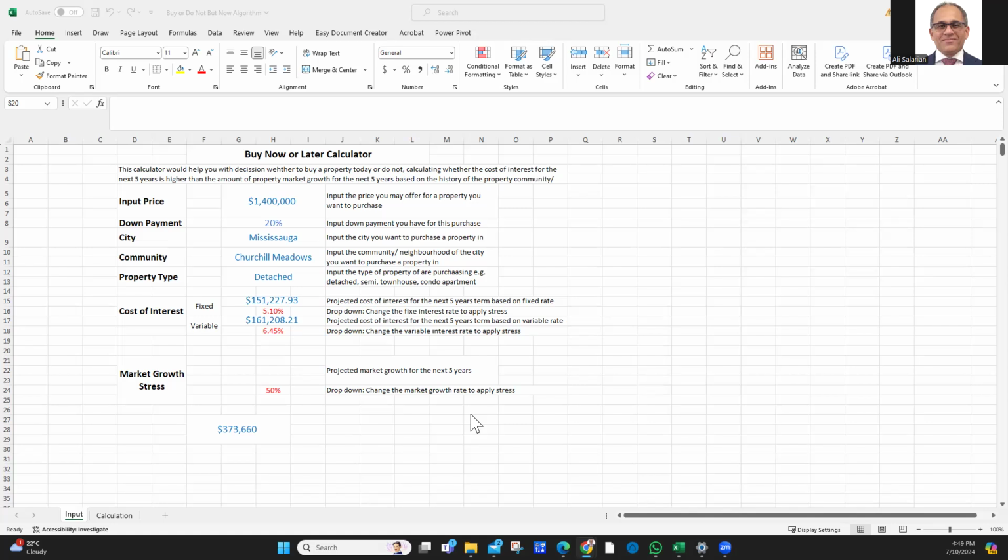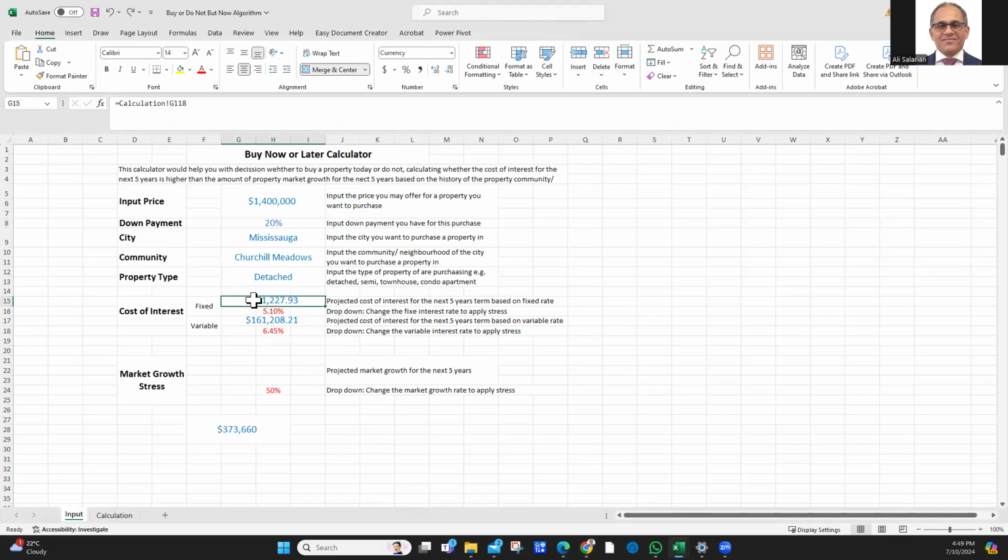For the sake of example, I chose the city of Mississauga, community of Churchill Meadows, a detached house, assuming a purchase price of 1.4 million with a 20% down payment.